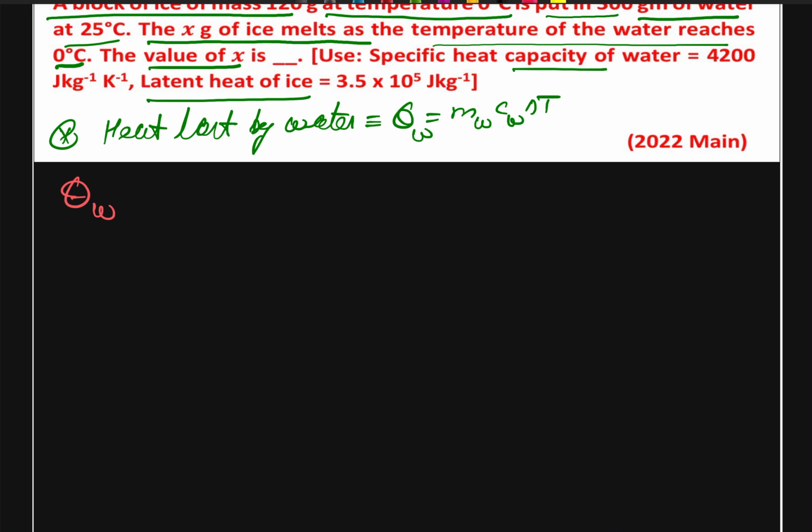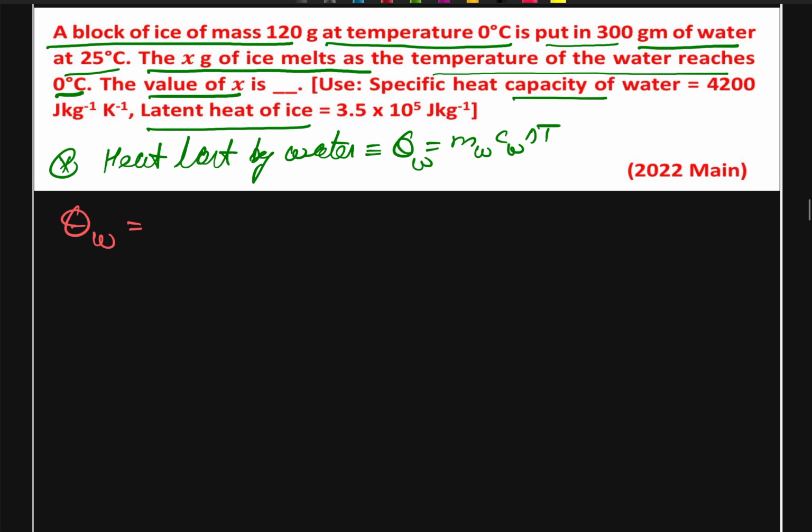Heat lost by water is equal to mass of water, given as 300 gram, so this comes as 0.3 kg, times specific heat 4200, and delta T is equal to 25 minus 0, which comes as 31500 joules.